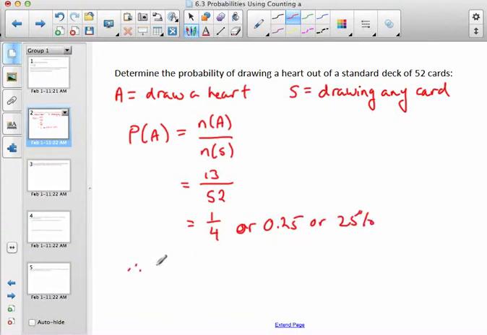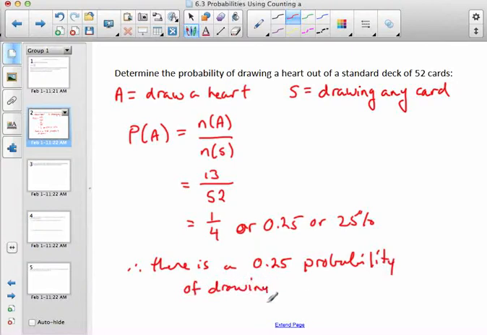And our closing statement, therefore: let's go with decimals, there is a 0.25 probability of drawing a heart. Or if you're like me, there, I drew a heart.